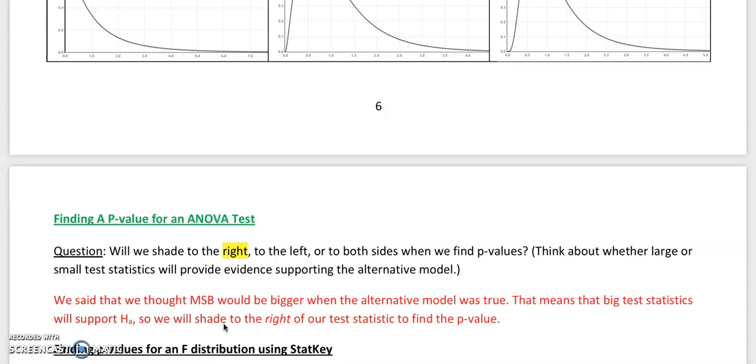So when we're assuming the null is true, we look at our sampling distribution, we put our test statistic on there somewhere, and then any test statistic bigger than ours would be even stronger support for the alternative hypothesis. And so that's how we're going to decide that we're always going to shade to the right of our test statistic when we're doing an ANOVA test.